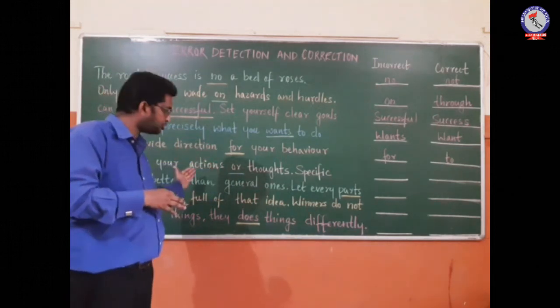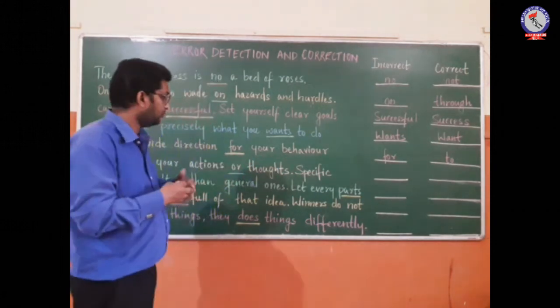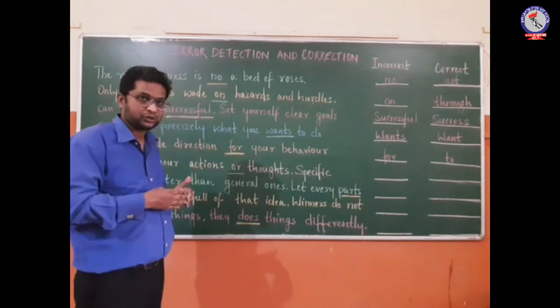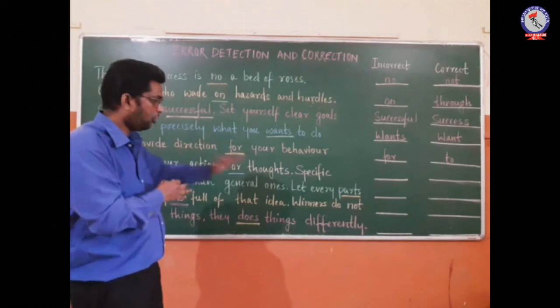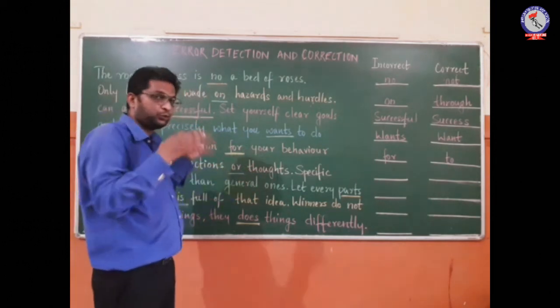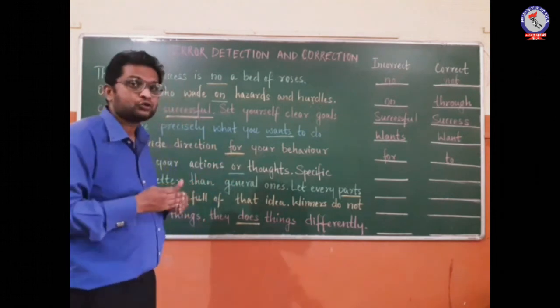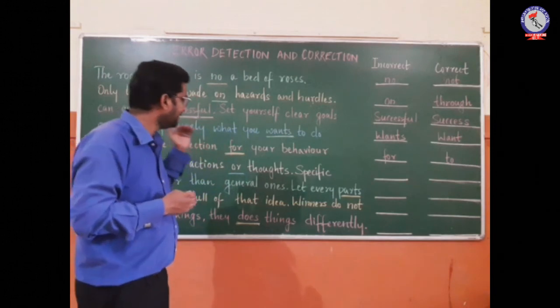If it were actions or deeds, then we can use "or" because both are similar terms. Here actions are different, thoughts are different. So between different terms, we will not use "or", we will use "and". So "or" is to be replaced by "and".